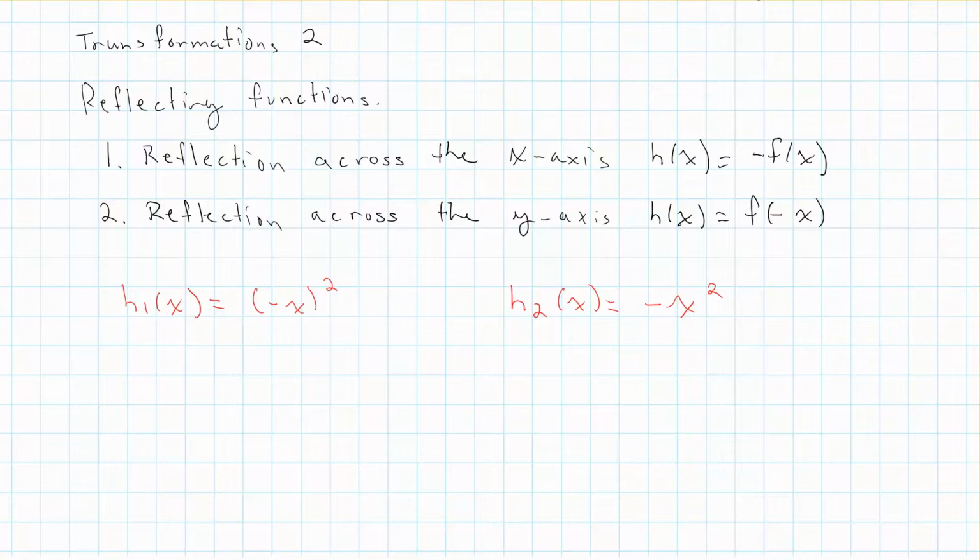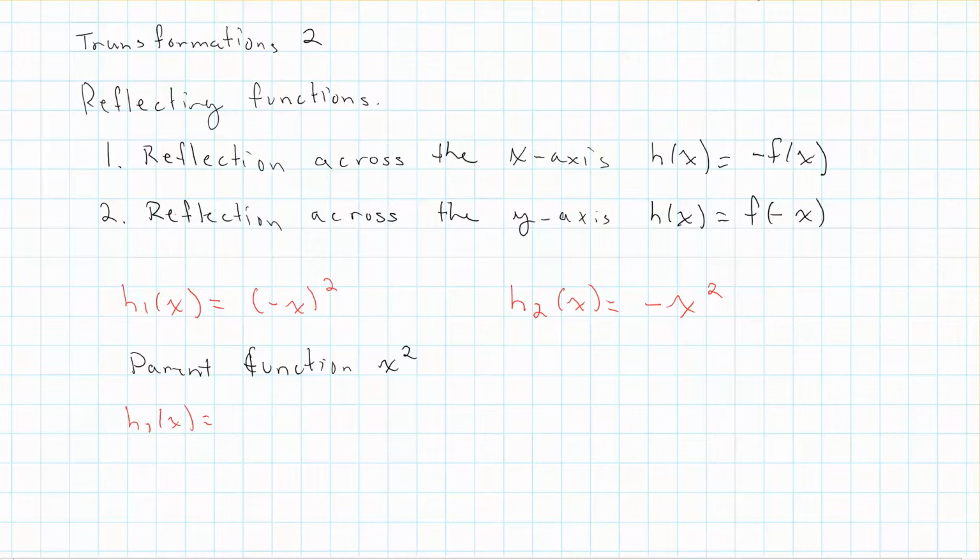So identifying the parent function for both of these is simply x squared. But then h1 at x, since the negative is done before the parent function, I'm applying the negative to the x before I'm squaring it.